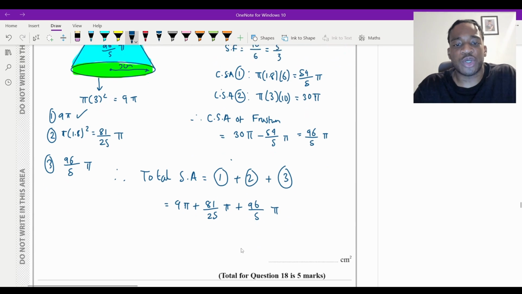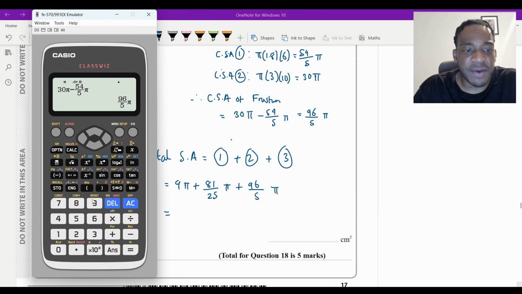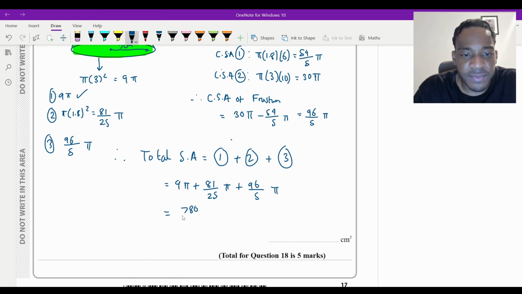And then now you're just going to put this into your calculator and see what it gives you. So I'm going to do it here. It's going to be 9 pi plus 81 over 25 pi plus 96 over 5 pi. And this gives us 786 over 25 pi.